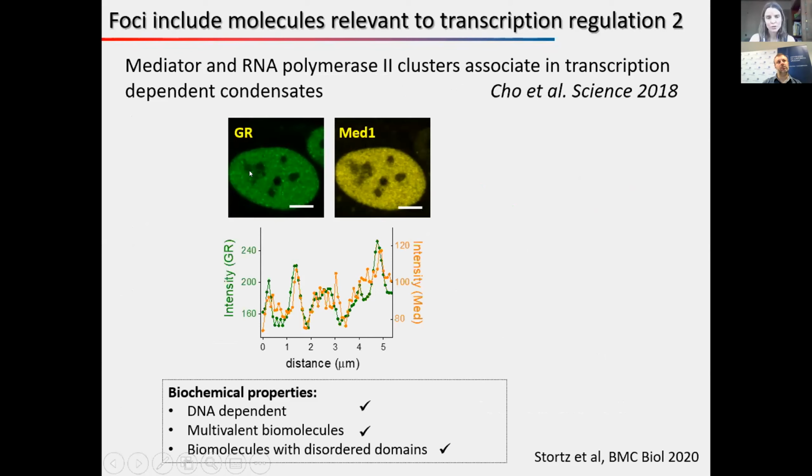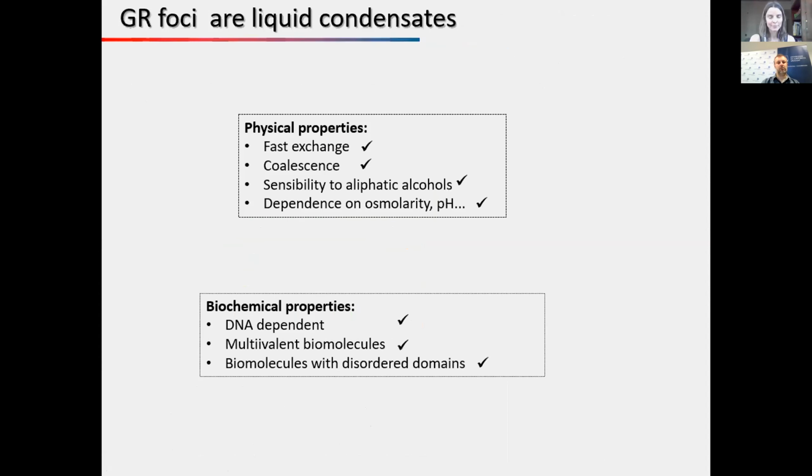This is just the intensity trace along a line in the nucleus. Whenever you have a spike in GR, indicating a focus, you also have a focus in MED1, showing that they colocalize. Of course, we analyzed other molecules, but I don't have time to show you everything.